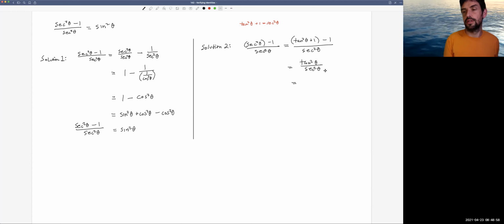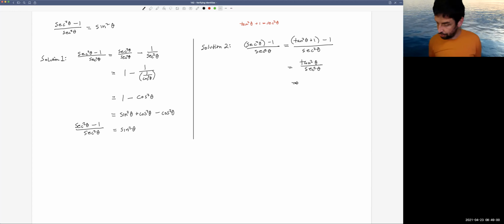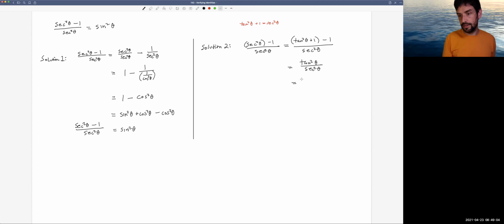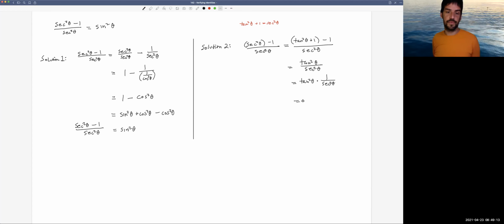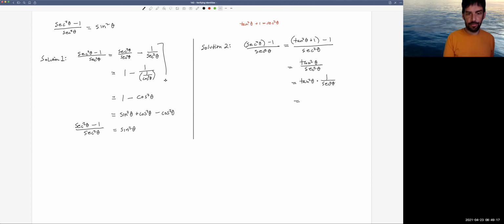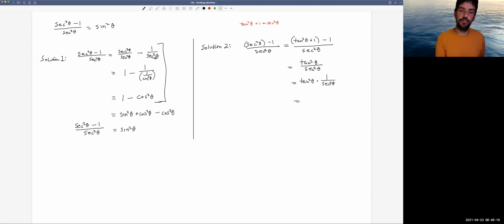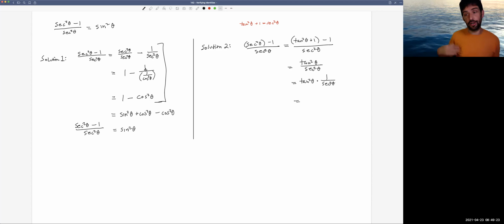And let me just rewrite this fraction as tangent squared theta times 1 over secant squared theta. Well, we just saw what happened to 1 over secant squared theta. Remember, secant squared is 1 over cosine squared. 1 over cosine squared gets us back to cosine squared.